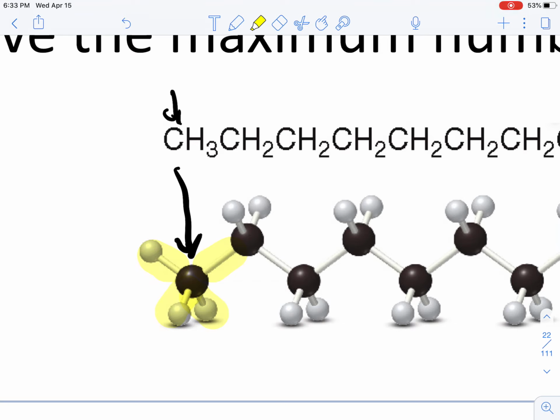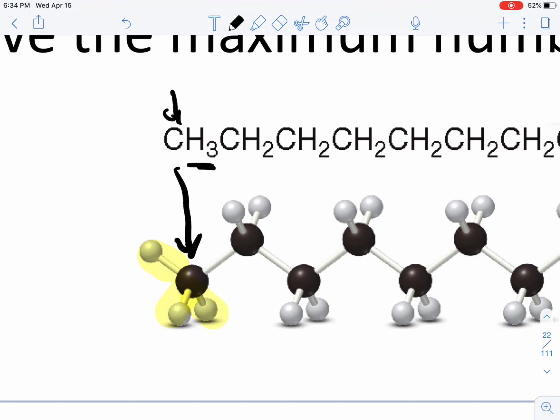So it has 4 covalent bonds, and of those 4, 1 is actually required to be covalently bonded to another carbon. And so the maximum number of bonds that carbon can have to a hydrogen is 3, okay, given its current scenario. And so we would say that carbon is saturated with hydrogen.